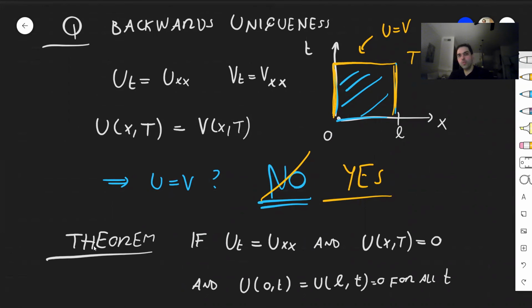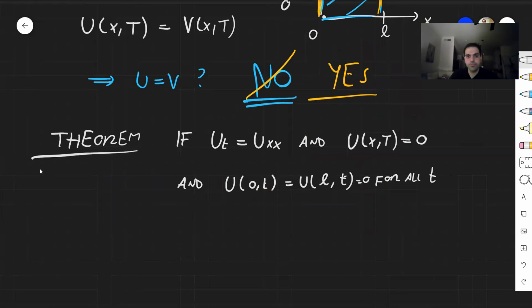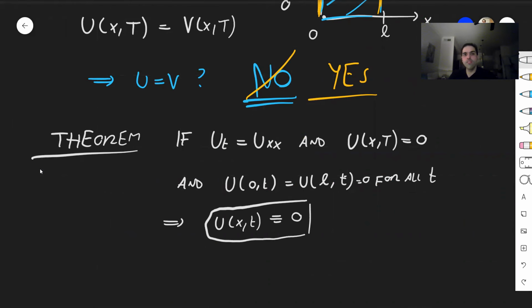So again, suppose u is 0 here and 0 on the sides, then it turns out u is 0 everywhere. u(x,t) is identically equal to 0. And as I said, it's equivalent to what I said just by considering the difference.